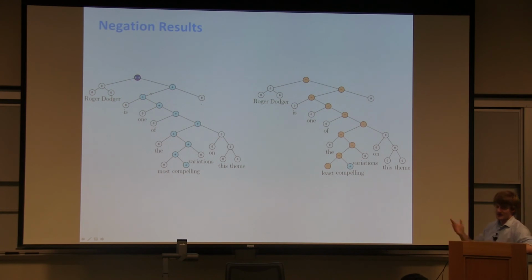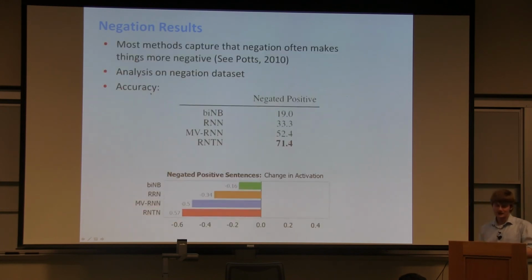And the RNTN was very accurate at this special data set that was kind of extra hard, right? Because in general, people use certain words, and most models are quite easy to fool if you just change that one word, because it captures the overall statistics of everything. And so when we looked at this negation subset of the data, that's when the RNTN really shined.